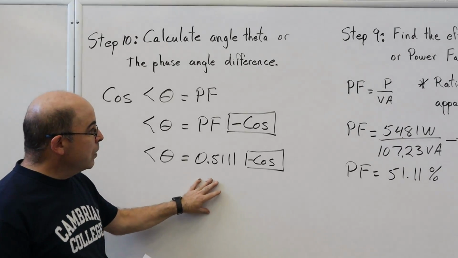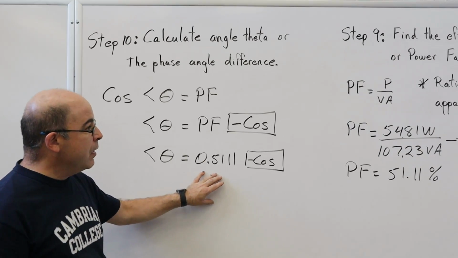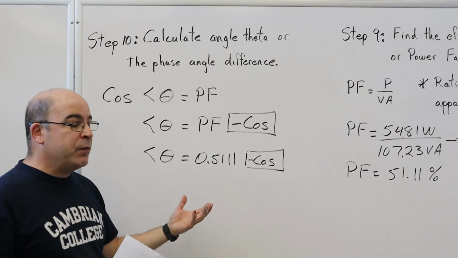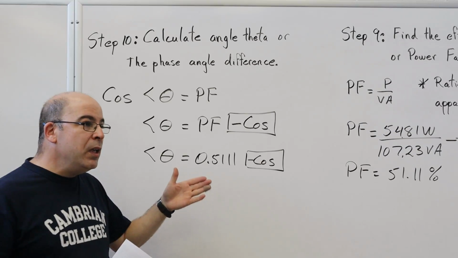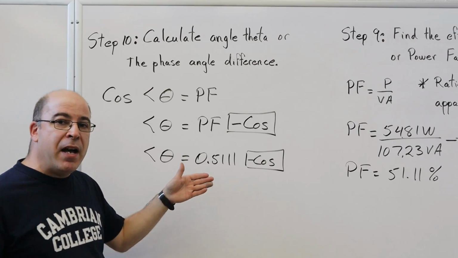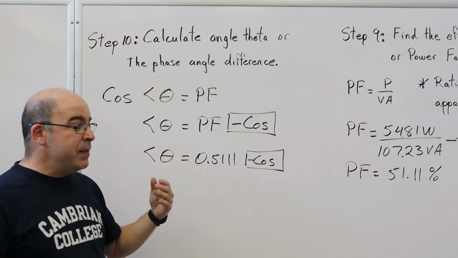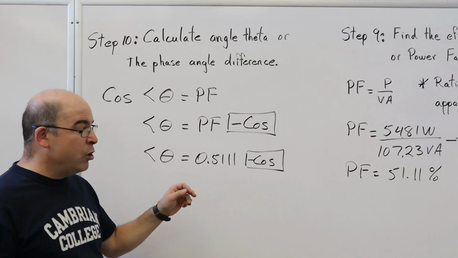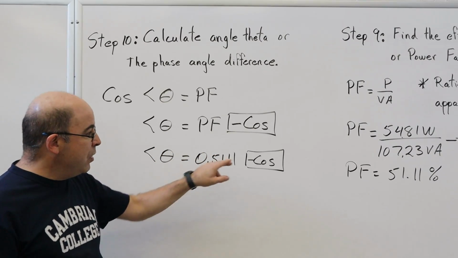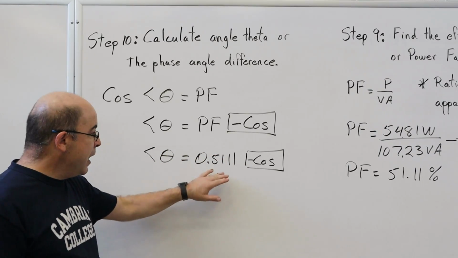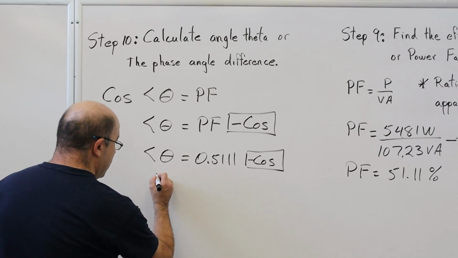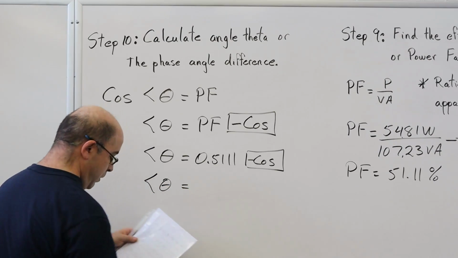Now, we calculate angle theta in this procedure right after power factor because more than likely you've still got that value in your calculator, and it simply becomes a matter of pushing in second function, inverse cosine, and there's your answer. So, incidentally, what's angle theta?